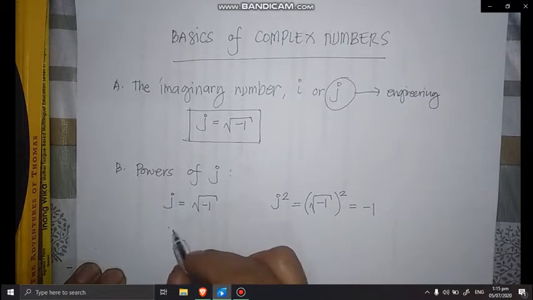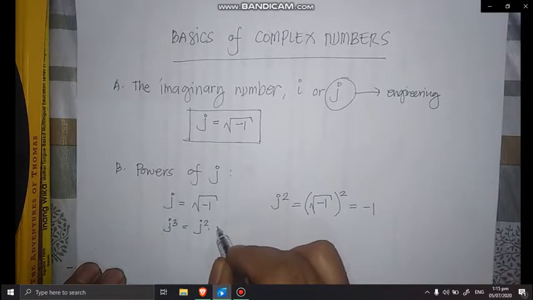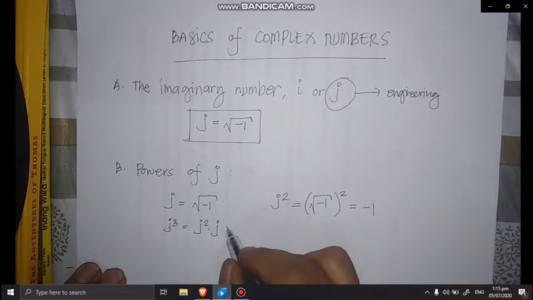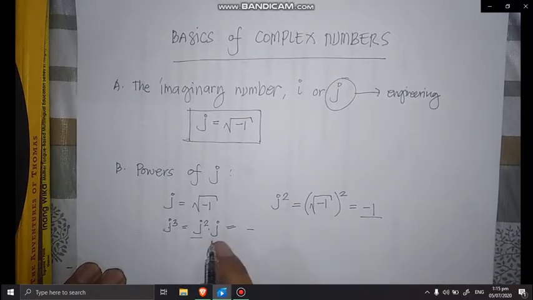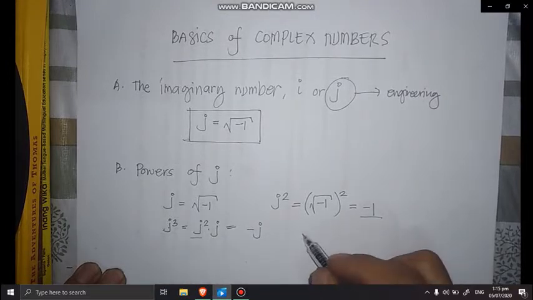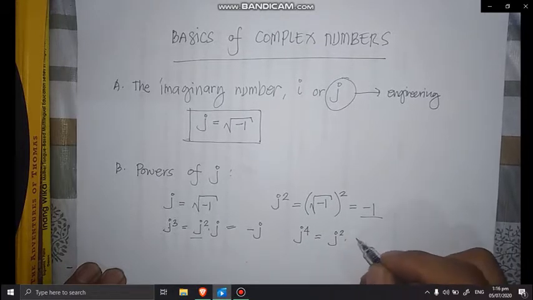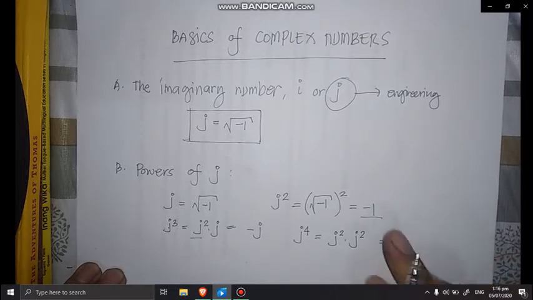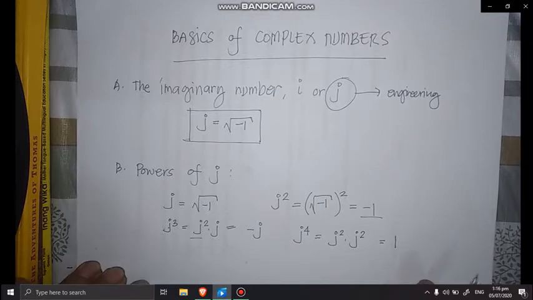Now, if I'm going to raise J to the power of 3, that would be J squared multiplied by J. Take note, we know J squared is equal to -1. Now, if you multiply -1 to J, the result will be -J. That's for J raised to 3. Now, if I'm going to raise J to the power of 4, that becomes J squared multiplied by J squared, or -1 multiplied by -1, that becomes +1. So this is the summary for the powers of J.